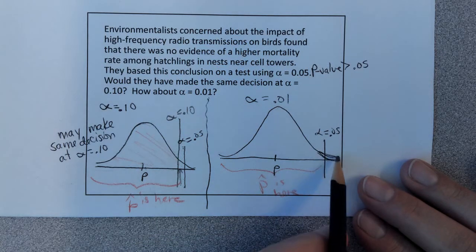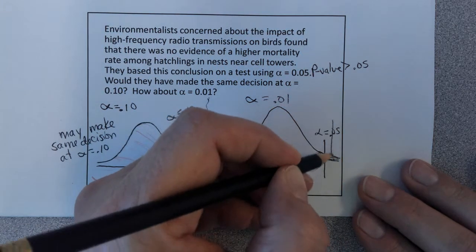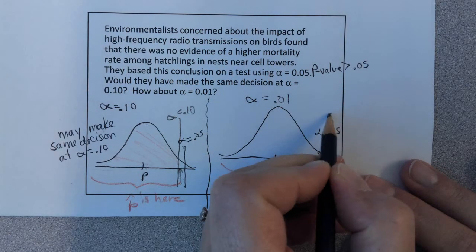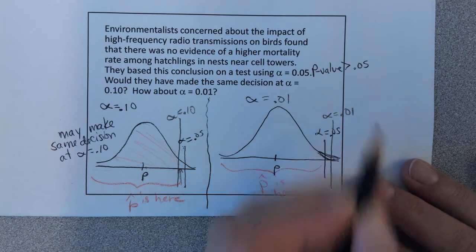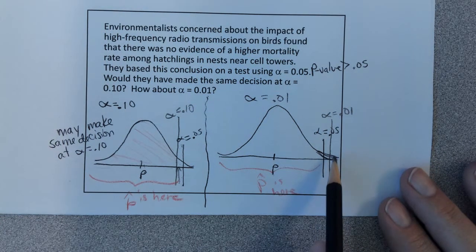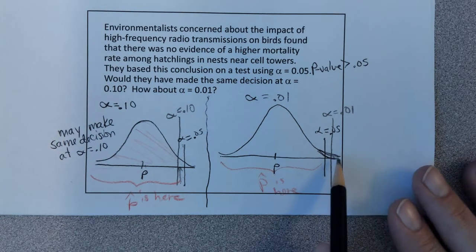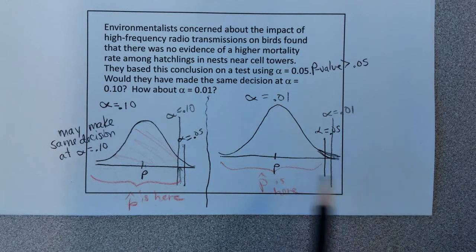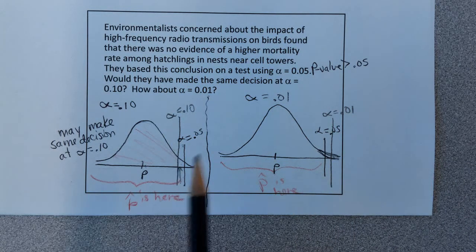Instead of having 5% area out here in the tail, I'm going to go farther to the right where only 1% is above the cut. So I make a new threshold at 1%. Anything to the right of that, in that little bitty tail space, would be a rejection. Anything to the left is a fail to reject.